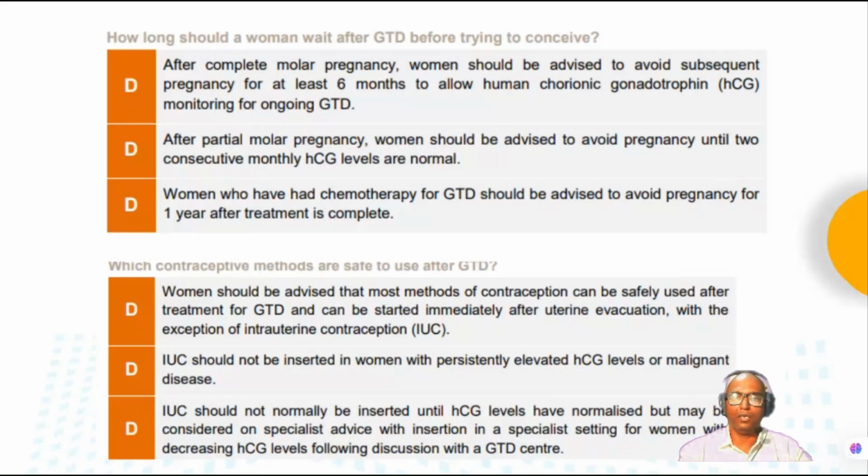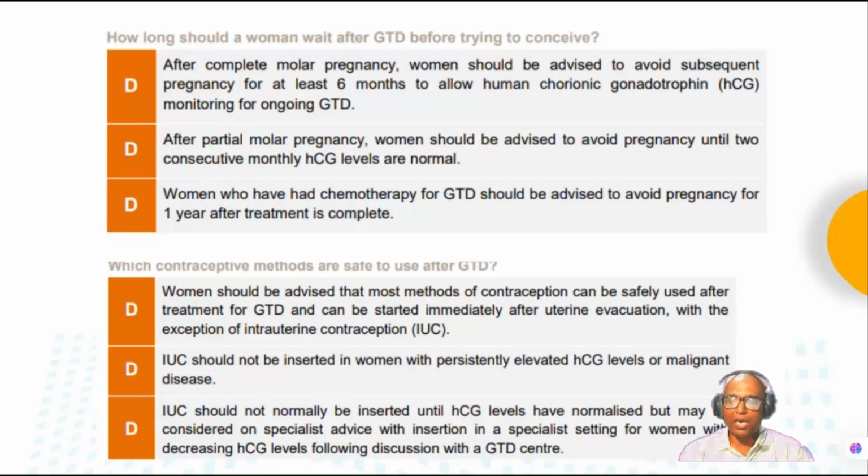So which methods are safe to use after GTD? Women should be advised that most methods of contraception can be safely used after the treatment for GTD and can be started immediately after uterine evacuation, with the exception of intrauterine contraception. So IUCDs are not recommended after GTD treatment.